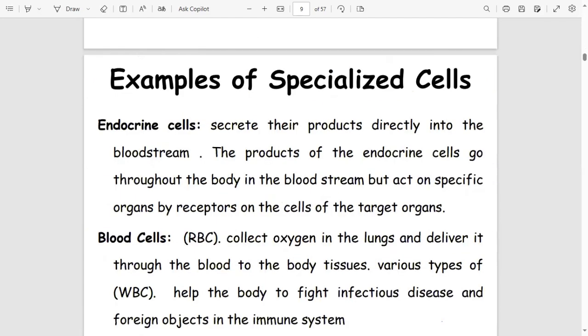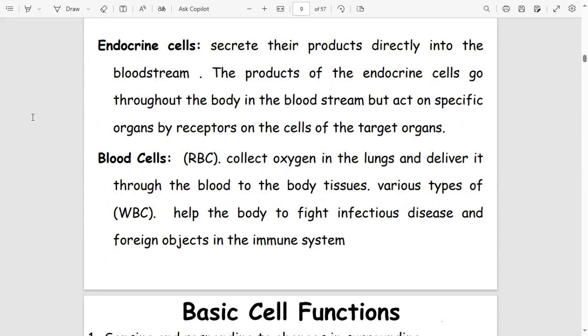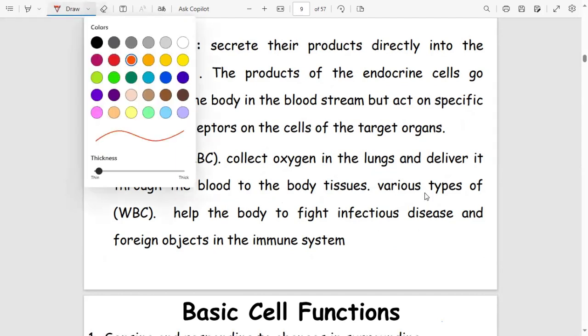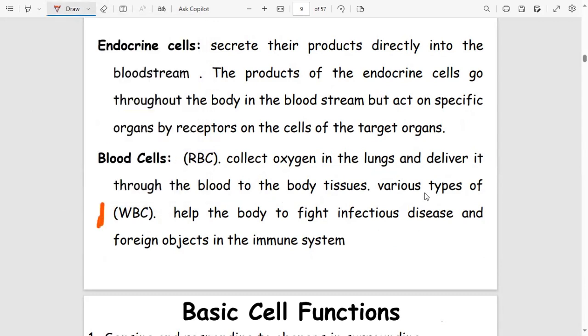From specialized cells, we also have what we call the endocrine. We also have what we call the endocrine what? Glands. These endocrine glands secrete their products directly into the bloodstream.